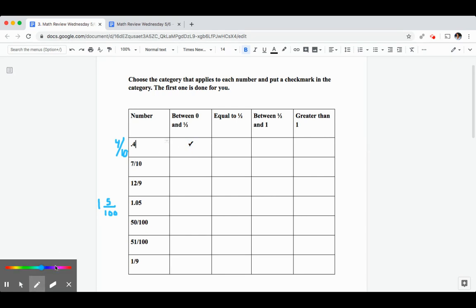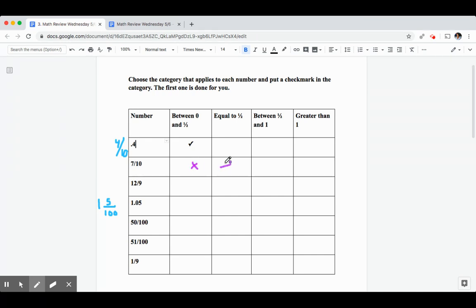Let's use the same strategy with number 2. 7/10. Half of 10 is 5. So the fraction that would have been equal to 1/2 is 5/10. Now we need to compare 7/10 to 5/10. Is it bigger or less than? 7/10 is bigger than 5/10. So we know it's not between 0 and 1/2.